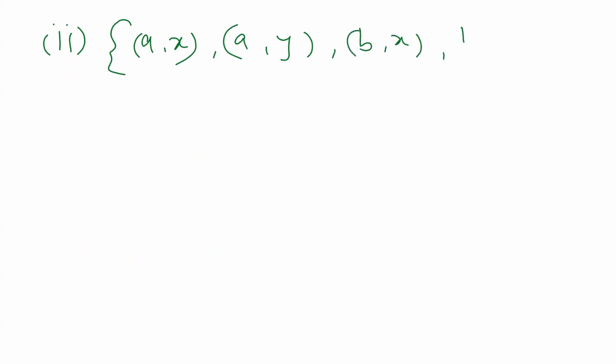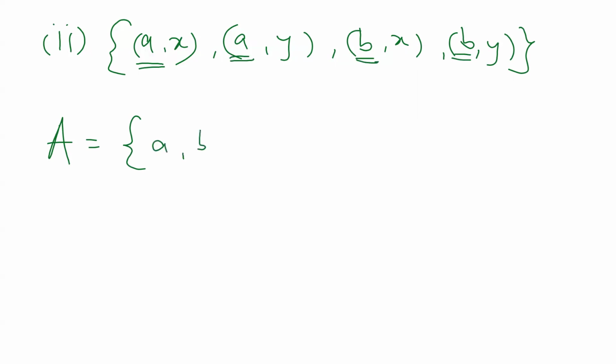They are asking whether the given Cartesian product is a product set a comma y, b comma x. Okay, so let us consider the first set to be A. The first component will come from the first set, that is a comma b, small a comma b.